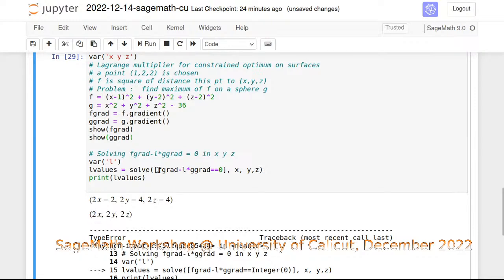So when we ask for solving f gradient minus L into g gradient equal to 0, essentially we are asking for solving 2x minus 2, see these components, minus L times this is equal to 0, which means that this is a vector kind of thing of the same dimension. So 2x minus 2, this is the f component, minus L times 2x equal to 0. That's what we are trying to solve, right? So we need to take each of these components and subtract. So how do we do that?